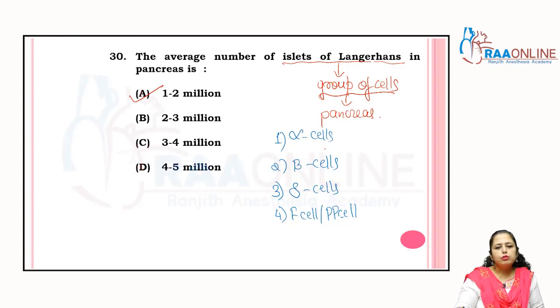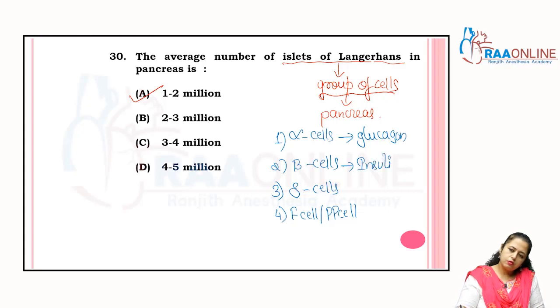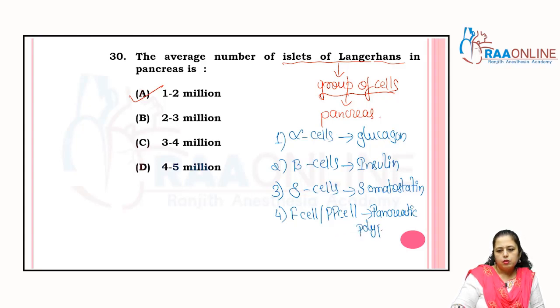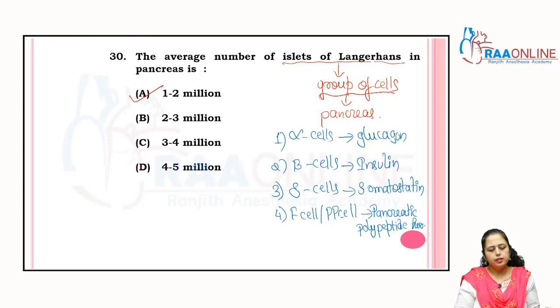The alpha cell secretes glucagon, the beta cell secretes insulin, the delta cell secretes somatostatin, and the F cell or PP cell secretes pancreatic polypeptide hormone, right?